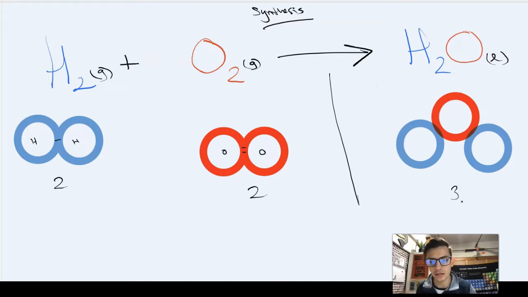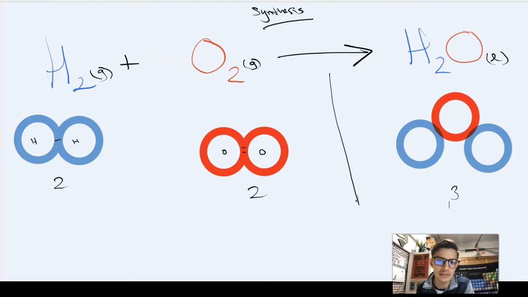So I want to end up with 4 atoms here, so that 2 plus 2 equals 4, right? I have right now 2 plus 2 equals 3, and that's of course not true. So I need whatever's on this side to add up to what's on this side. That's one quick way to look at balancing equations.